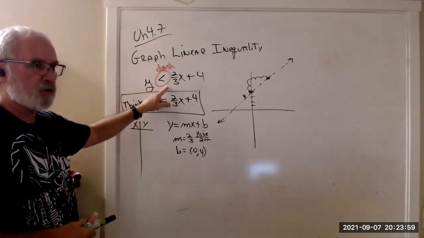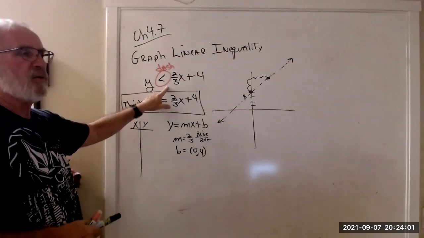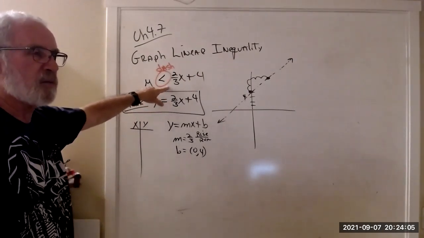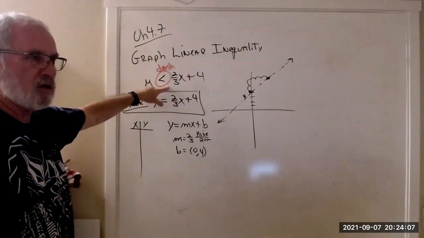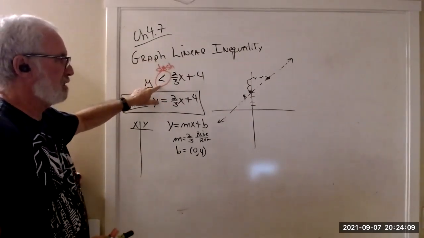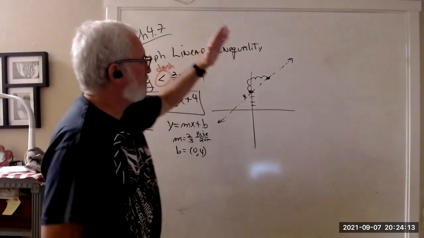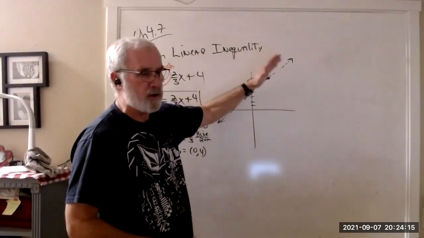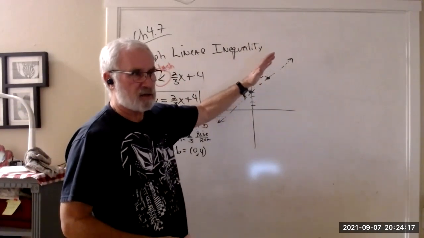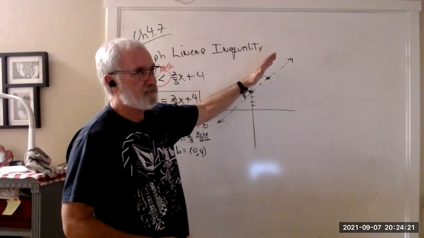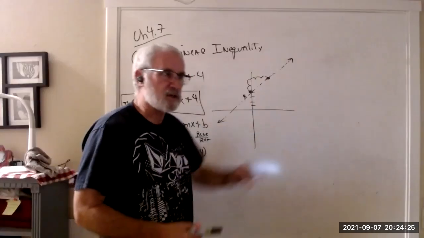It is in slope intercept form. Then the inequality is trying to tell me where to shade. Less than. Well, relative to this line, where is less than? Anybody? The bottom. Bottom, below. Less than would be below this line.